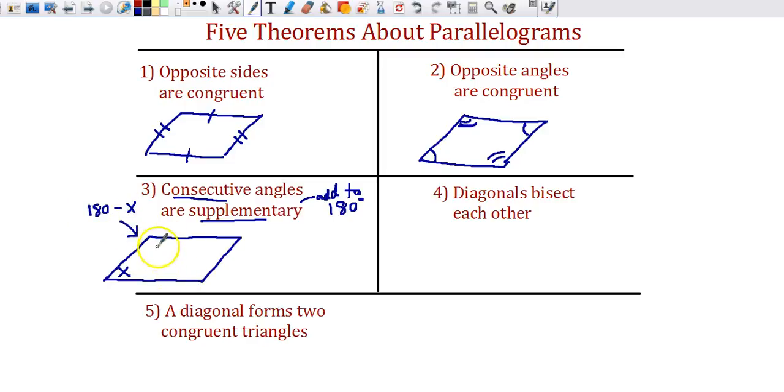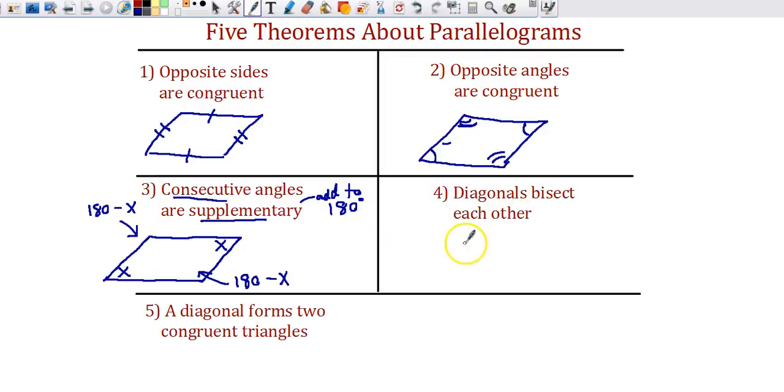Okay, they're going to be supplementary. Again, from this fact that opposite angles are congruent, that will be x, and this will be 180 minus x. And all four angles add to 360, but any two next to each other are going to make 180. They're going to be supplementary to each other.